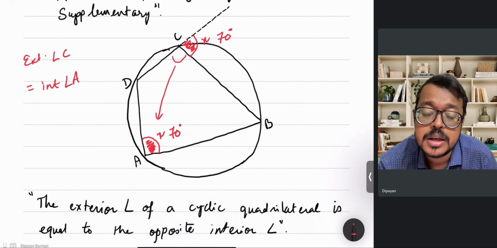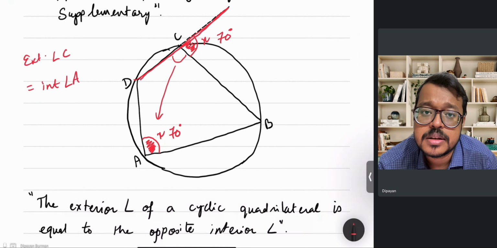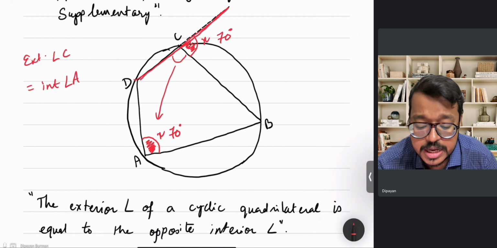The reason being, if I look at the interior angle C and exterior angle C, they are on a straight line. So they form a linear pair. They will add up to 180 degrees. So if exterior angle C is 70 degrees, interior angle C will be 110 degrees.